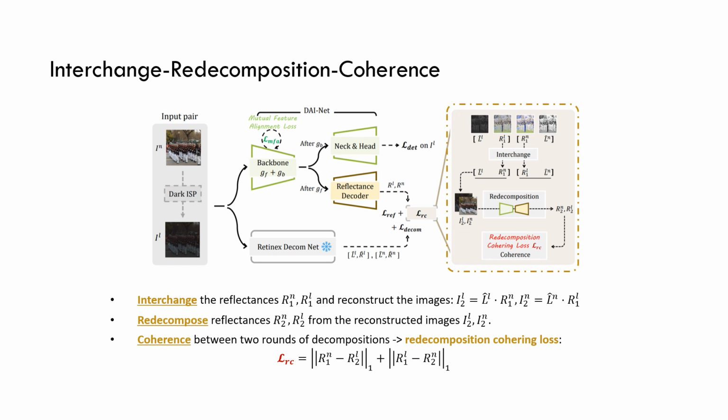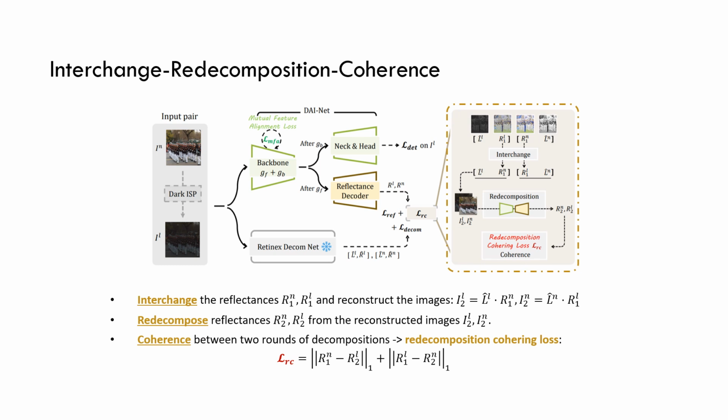Given a paired well-lit and low-light image, when we decompose them into reflectance and illumination, we should be able to exchange their reflectance map and reconstruct the exchanged ones to the images, and they should perfectly reconstruct the original images because the reflectance map should always be the same. And here we propose our second contribution component called interchange recomposition coherence procedure, and this is shown on the right of the figure.